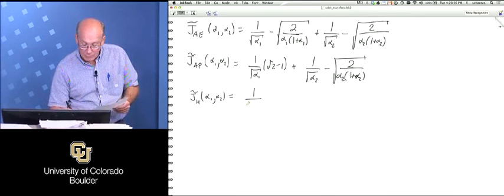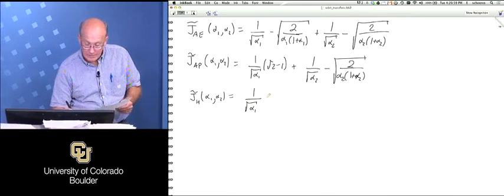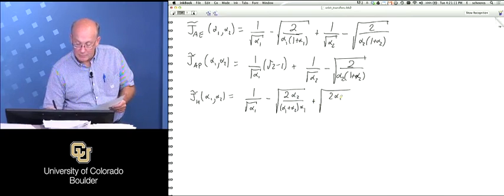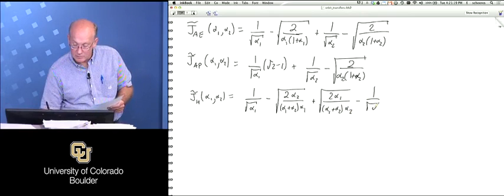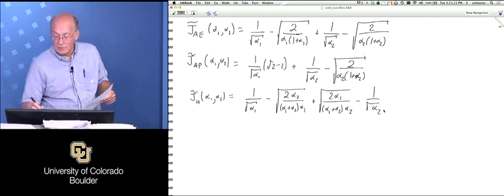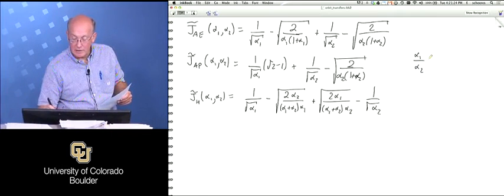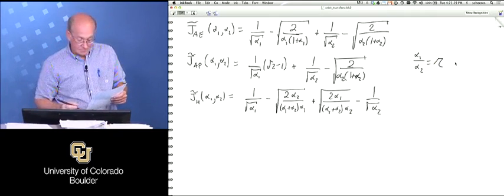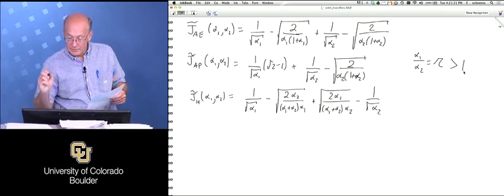That now becomes 1 over root alpha 1 minus square root 2 alpha 2 over alpha 1 plus alpha 2, times alpha 1, plus root 2 alpha 1 over alpha 1 plus alpha 2, times alpha 2, minus 1 over root alpha 2. And we just note that alpha 1 over alpha 2 is just our old parameter, script R. And here we always assume this is, again, greater than 1.